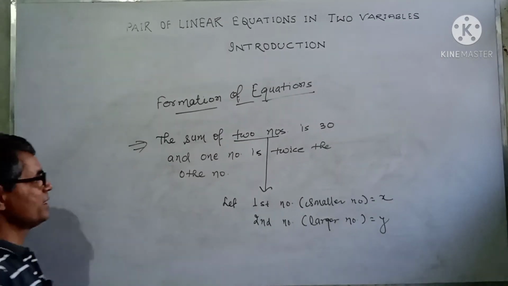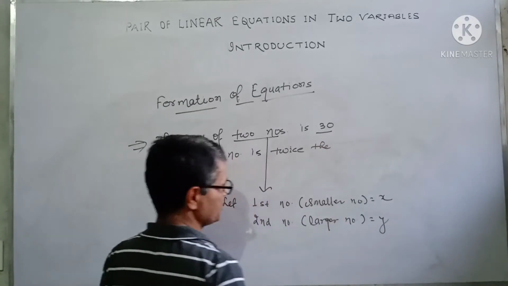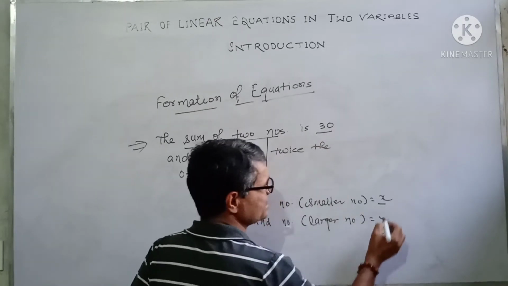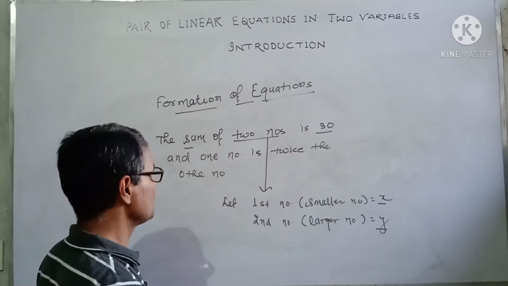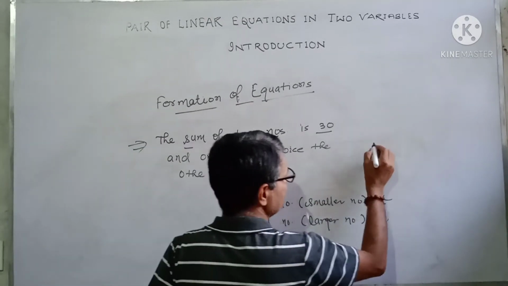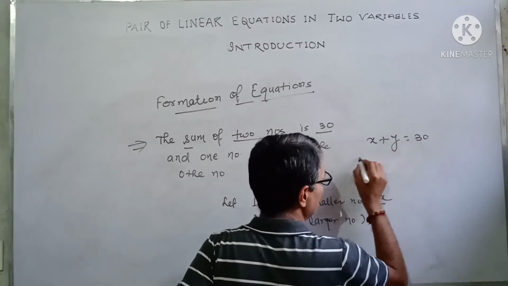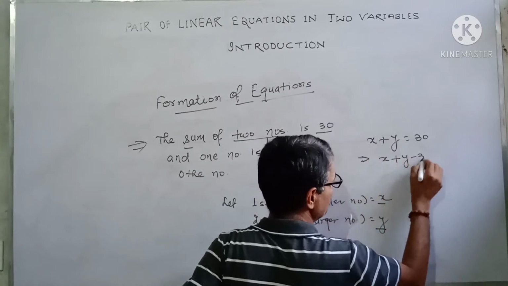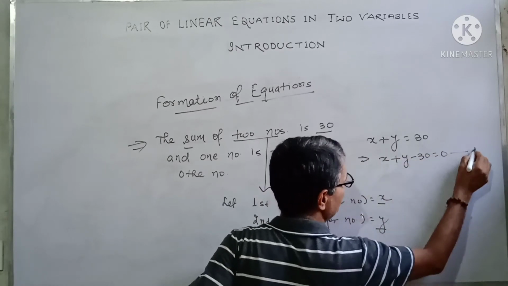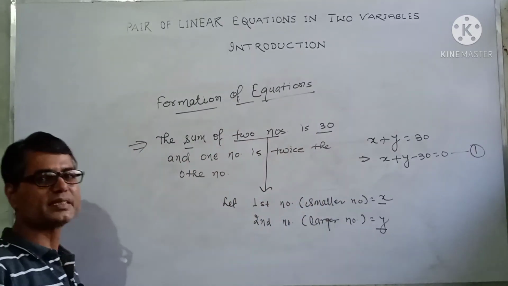According to the given condition, the sum of these two numbers is 30. Therefore, x plus y is equal to 30, or this equation can be written as x plus y minus 30 is equal to 0. This is your first equation in standard form.